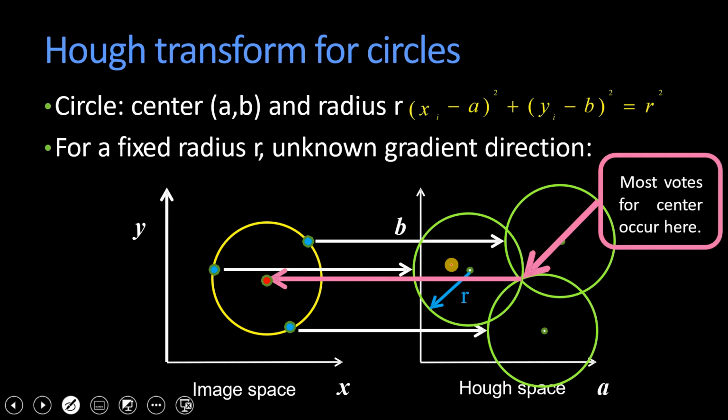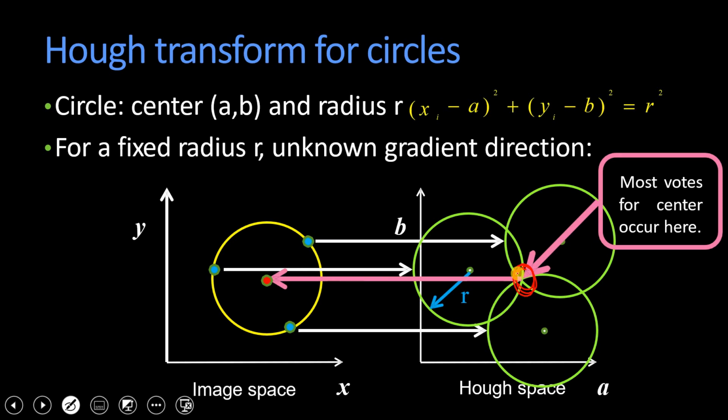Each point, these white arrows show that each point in the image space is represented by these green circles in the Hough space, and there will be one intersection of these 3 circles. Okay, only one intersection. So most votes will occur for this center point, and this point will represent one circle, which is the one that we saw over there.